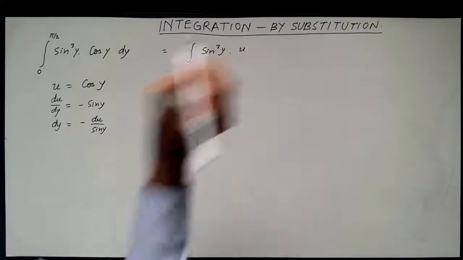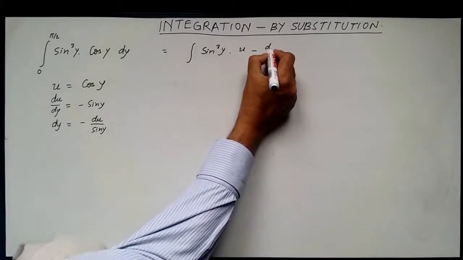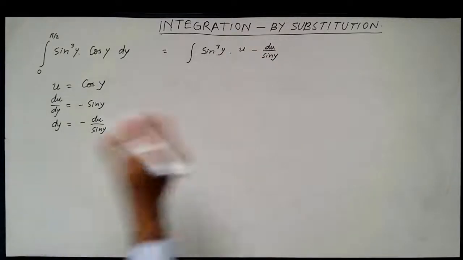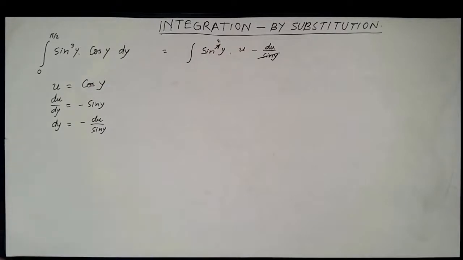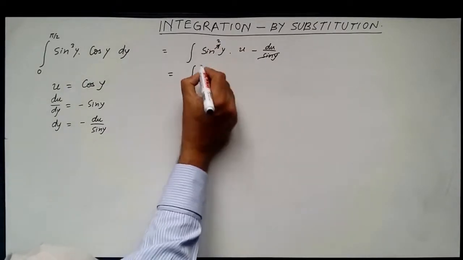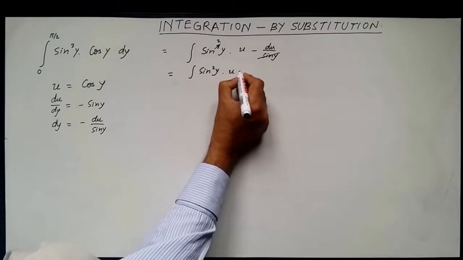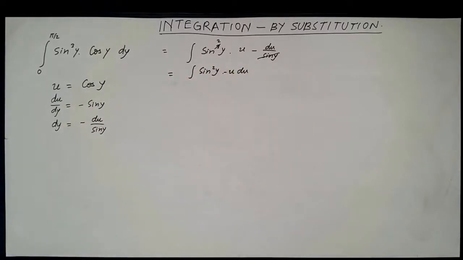This is u, and dy is minus du by sine of y, right? So here one sine y and this will cancel, so we will be left with sine square y. So ultimately it will become sine squared y u du and the minus sign.